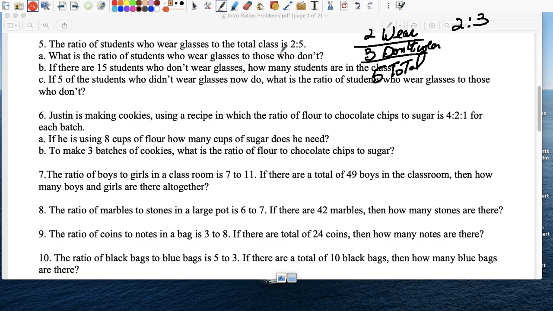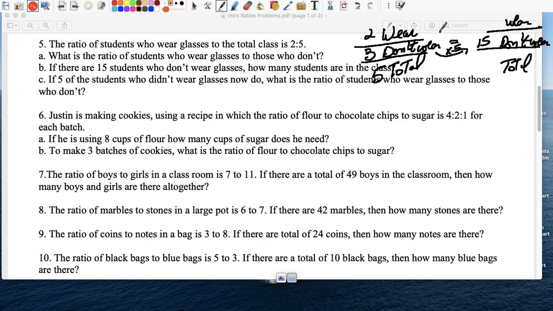If 15 students don't wear glasses, how many students are in the class? Well, again, let's set up the other side. That's the total. This is the don't wear section. This is the wear section. So they're saying if there's 15, well, what's the multiplier here? Times 5.